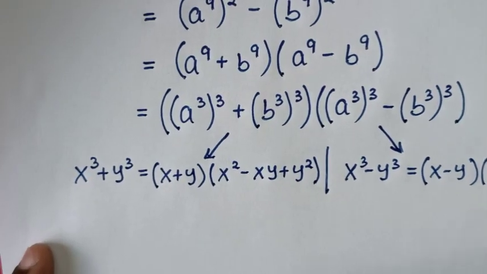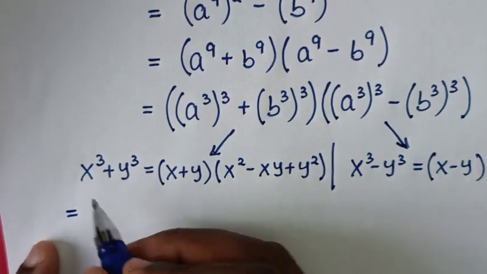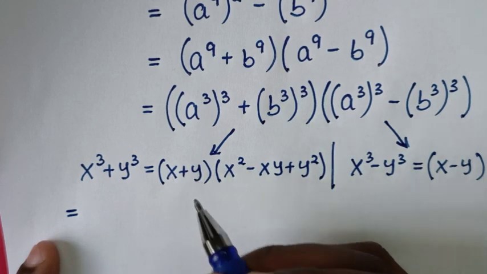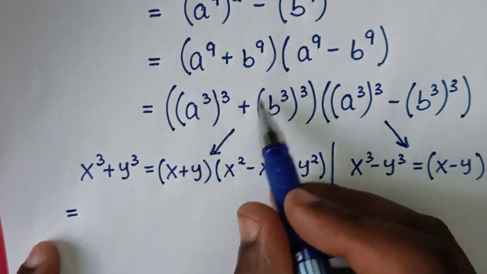Then in the next step, we'll apply this rule to this part. So x plus y will be this plus this.